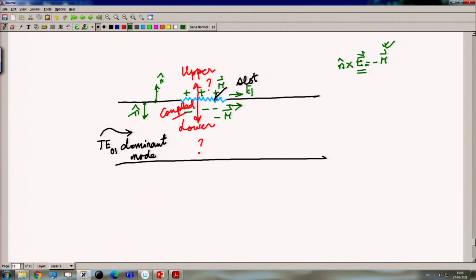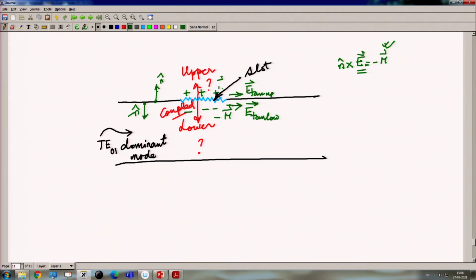If I call this E tan up, and the electric field on the lower surface E tan low.